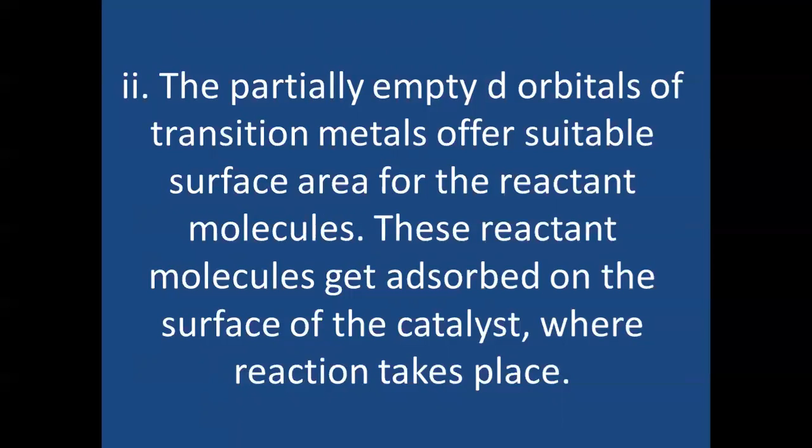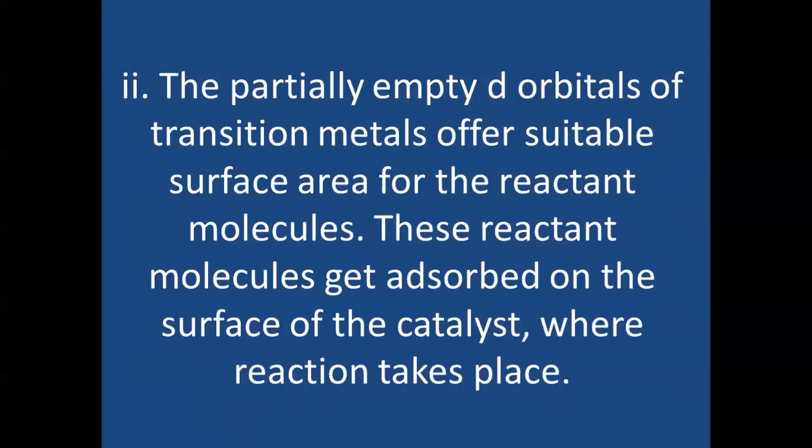For example, nickel. Nickel is used in the hydrogenation of oil as a catalyst. In hydrogenation of oil, where hydrogen is passed through oil to convert it from unsaturated to saturated compound, we use nickel as a catalyst.